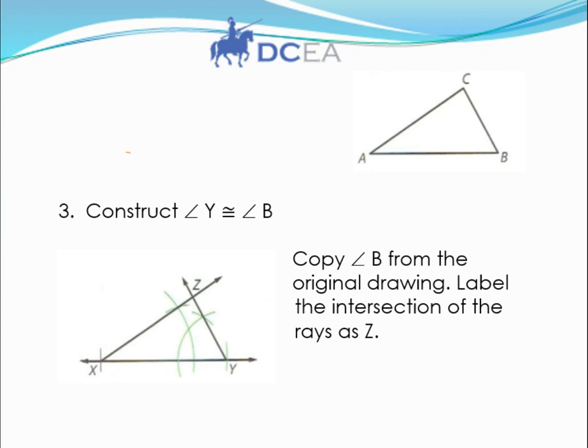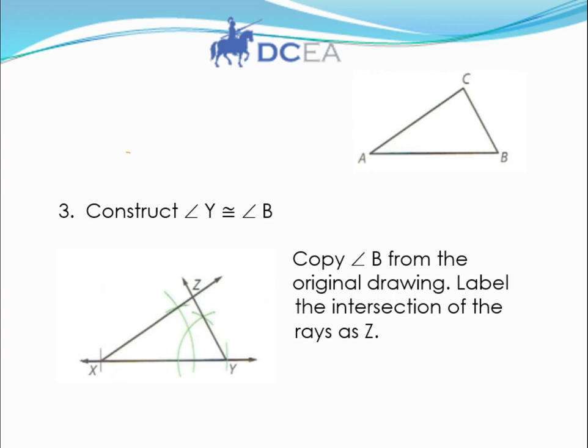We'll construct a second angle, and that angle will be congruent to angle B. So you've already copied angle X, congruent to angle A. Now we're going to create angle Y congruent to angle B.